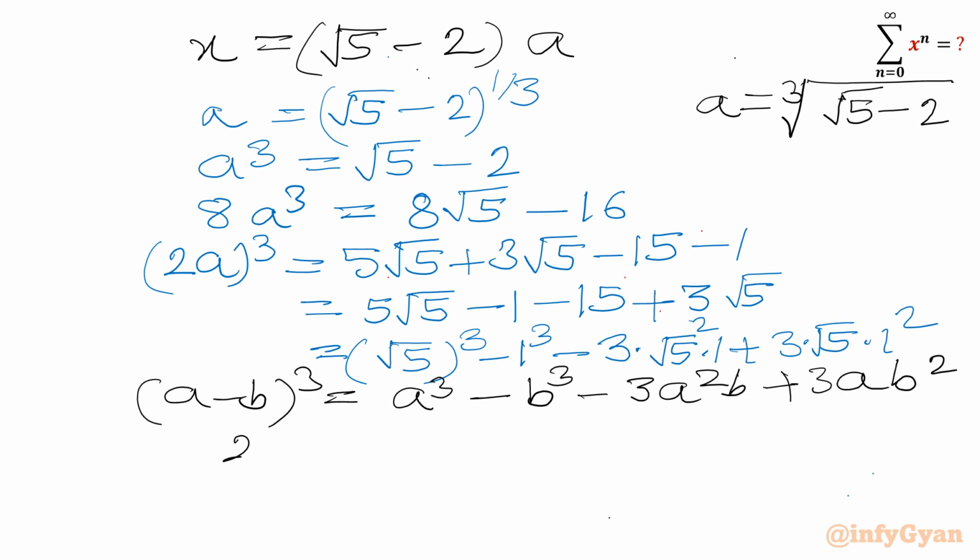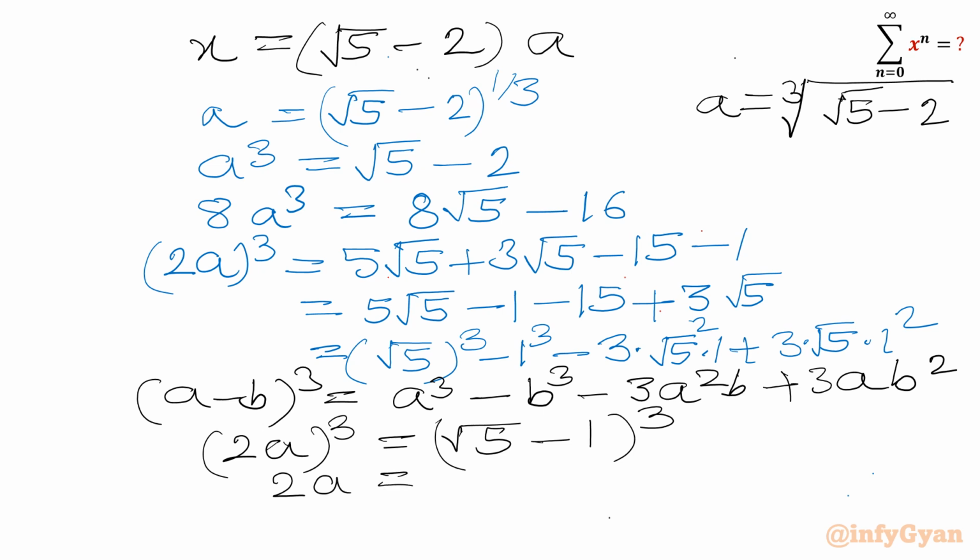So I can write (2a) whole cube equal to (√5 − 1) whole cube. Once I take cube root both sides, I will write 2a equal to √5 − 1 for real values of a. And after dividing both sides by 2, I will write a equal to (√5 − 1) over 2.